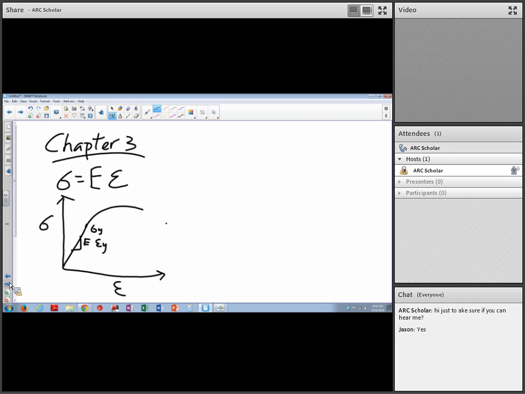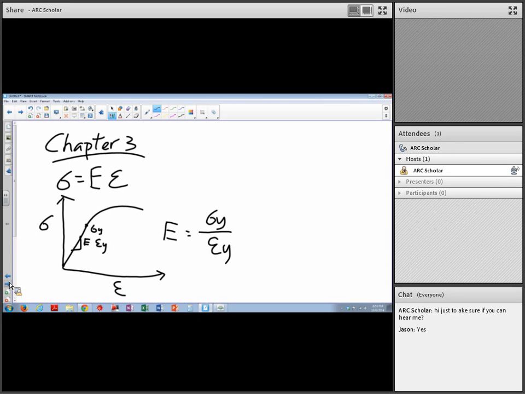So we will... yeah, you're right. It should look like this, because as you can see here, E is going to be that. To find E, I'll use this point and this point.